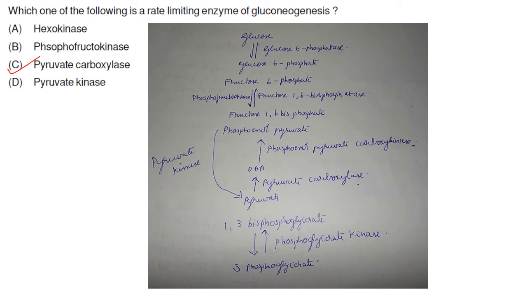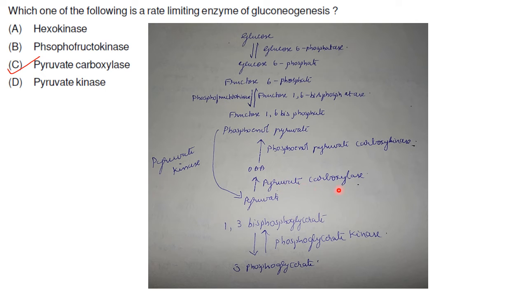Then which one of the following is a rate limiting enzyme of gluconeogenesis? So here is the pathway of gluconeogenesis. It is formation of glucose. Now the downward arrows are for glycolysis, and reverse of glycolysis is gluconeogenesis. So in gluconeogenesis, 3-phosphoglycerate is converted to 1,3-bisphosphoglycerate by phosphoglycerate kinase. Then pyruvate is not directly converted to phosphoenol pyruvate.